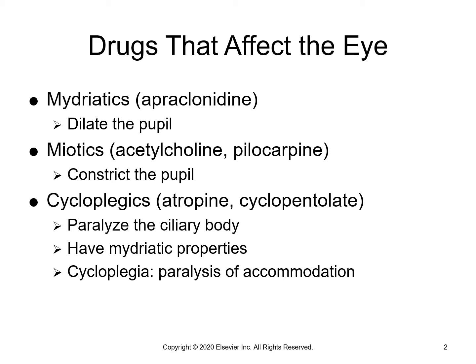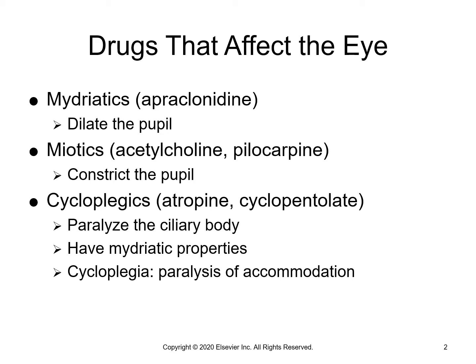So I would star this slide. You do definitely want to know the difference between a mydriatic, a myotic, and a cycloplegic. So mydriatics dilate the pupil by contraction of the iris dilator muscle. The myotics cause pupil constriction, and cycloplegics paralyze the ciliary body, but they also have dilating properties.